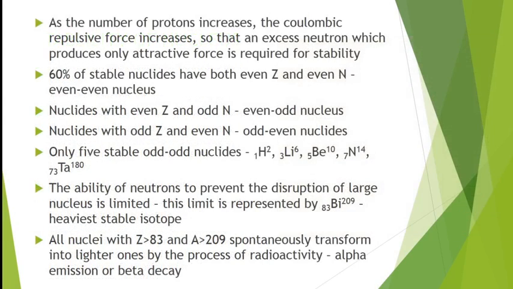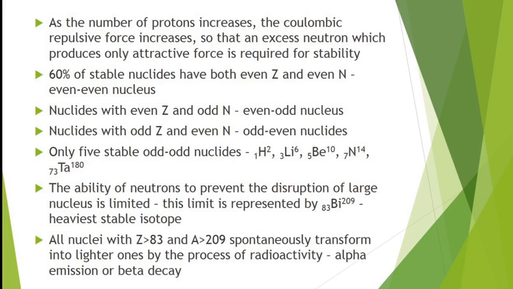So as the number of protons increases, the Coulombic repulsive force increases, so that it will try to tear the nucleus apart. So in order to balance that, more neutrons are required, so that between these neutrons and protons, the nuclear force, which is charge independent, will produce an attractive force, and that force is required for stability.